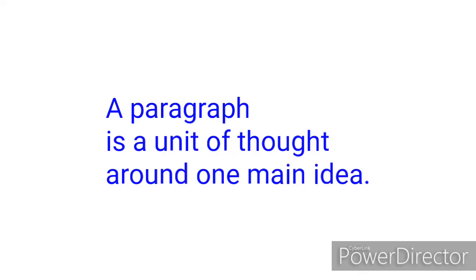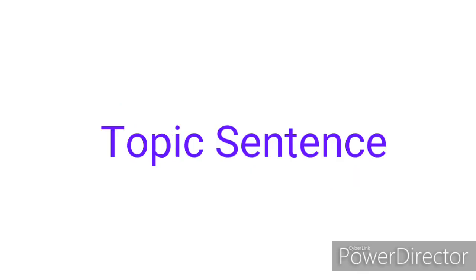Each of the paragraphs should have what is called a topic sentence. A topic sentence is the sentence that expresses the controlling idea or the main subject of the paragraph.